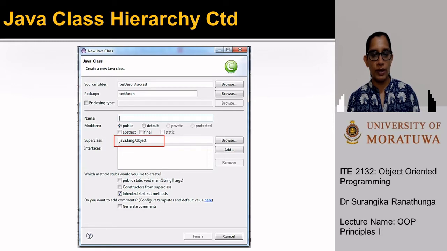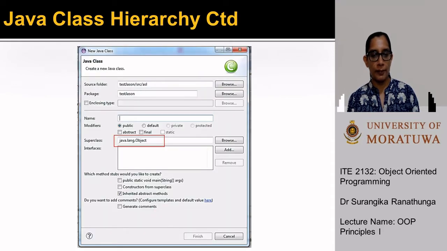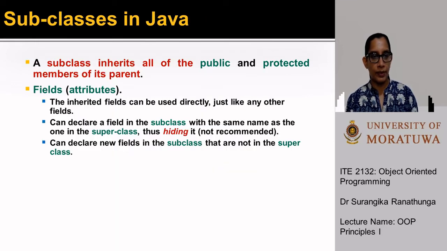Because our class always extends the object class, this method is inherited by the subclasses. It may be protected or public, we'll have to double check.